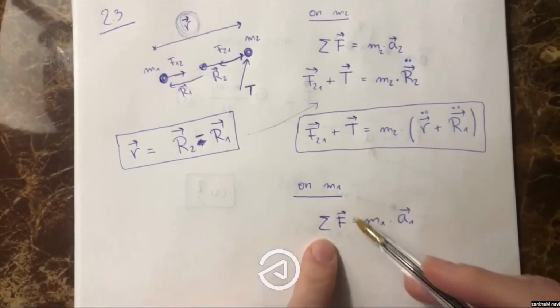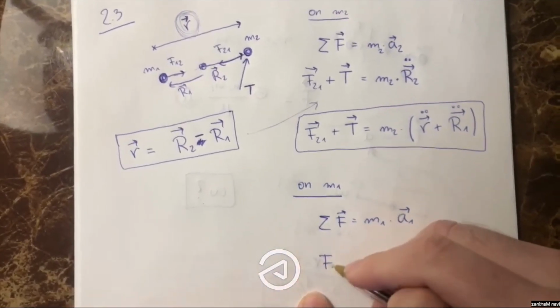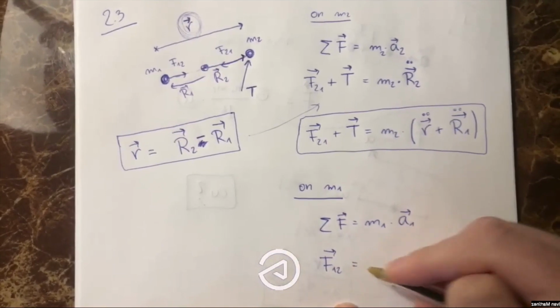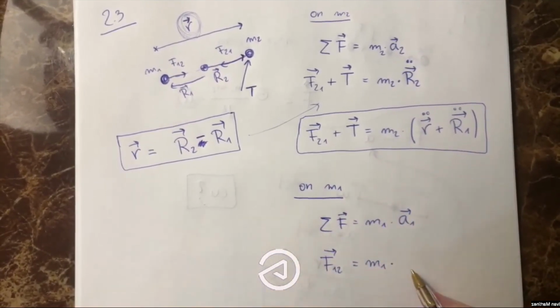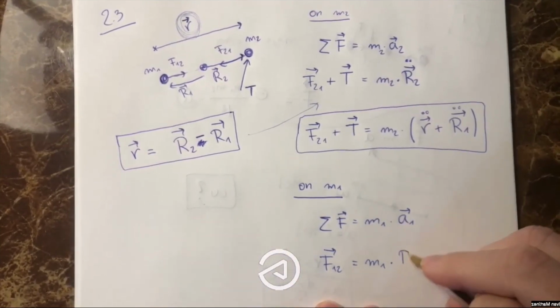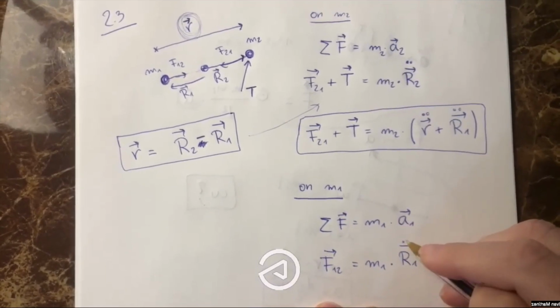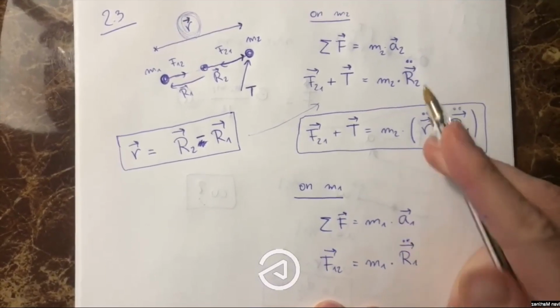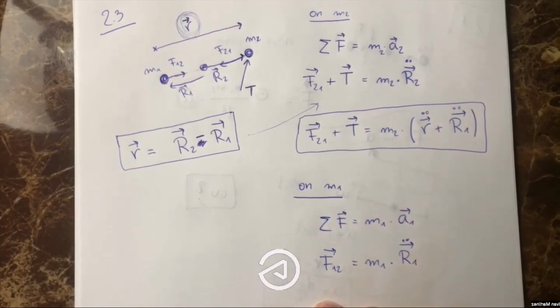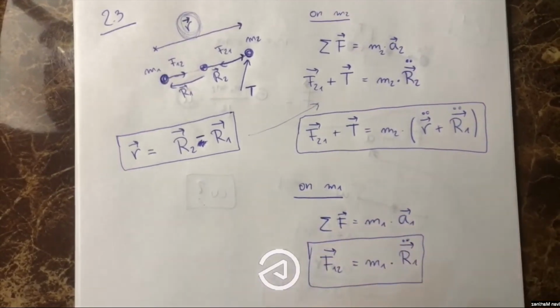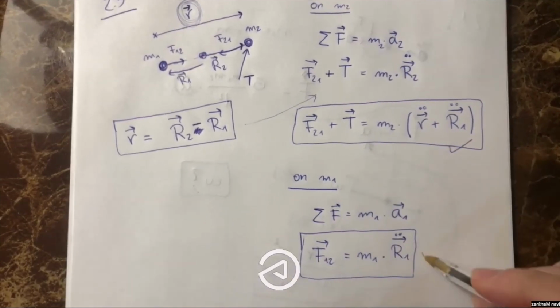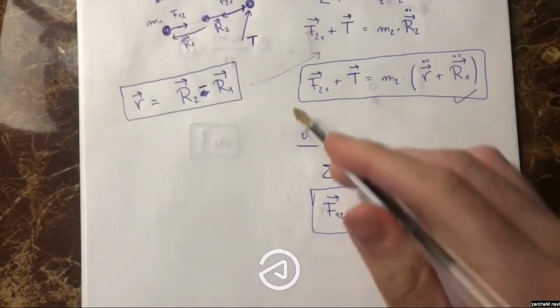M1 doesn't have thrust, so it's just F12 equals M1 times R1 double dot, following the same procedure we did here. So we now have the equation for M1. We can combine these two, right? This one and this one. We can combine them.